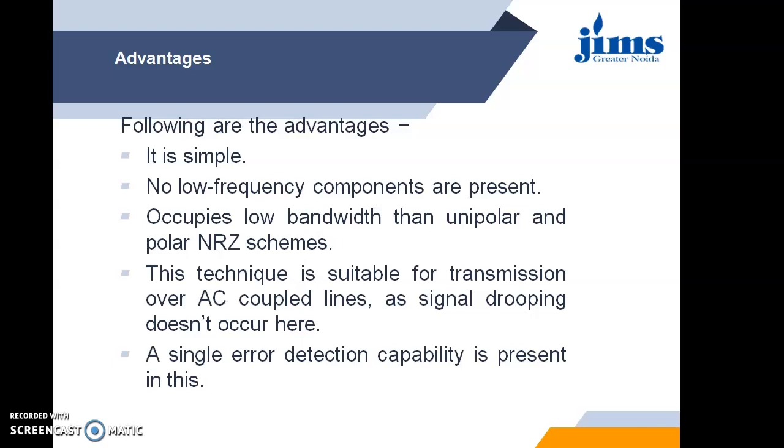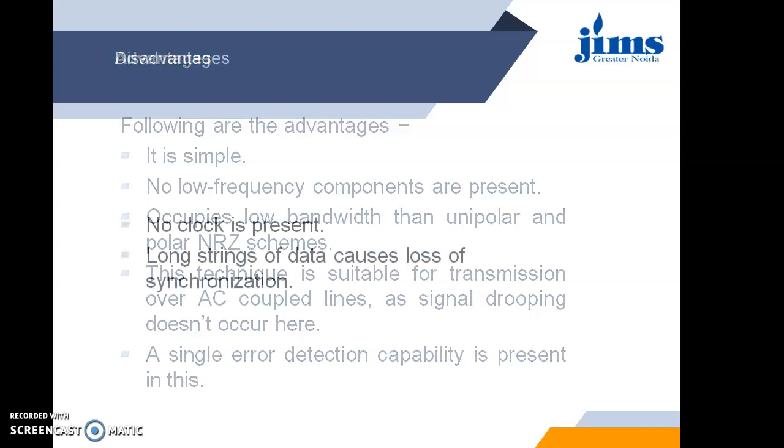This is another advantage which we could not get in the case of the unipolar and polar techniques. Single error detection capability is also present. This is one more advantage which we get in this scheme compared to the previously discussed two schemes.